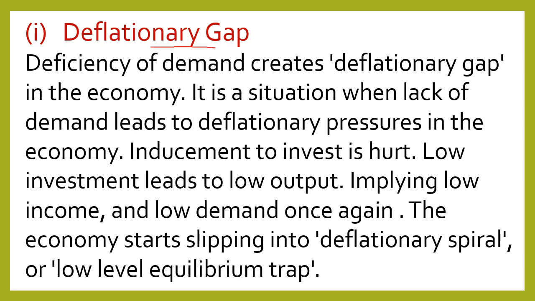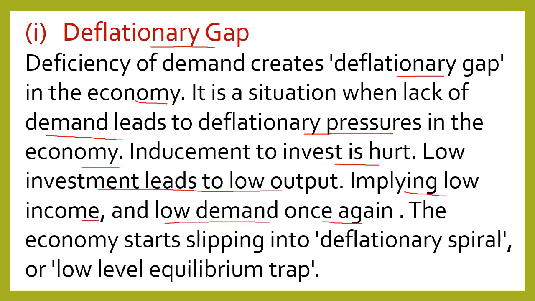See, deficiency of demand creates a deflationary gap in the economy. It is a situation when lack of demand leads to deflationary pressure in the economy. Inducement to invest is hurt. Low investment leads to low output, implying low income. Income would be less, then there would be low demand.